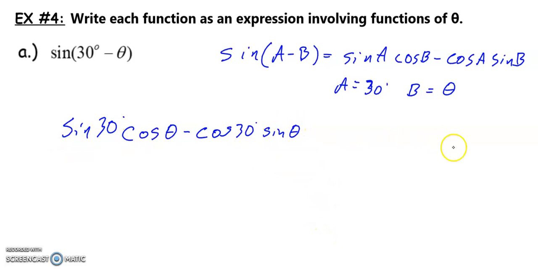Well, when we look at our unit circle, the one line up is 30. So the sine of 30 is 1/2. So 1/2 cosine theta minus the cosine of 30 is radical 3/2 times the sine of theta.